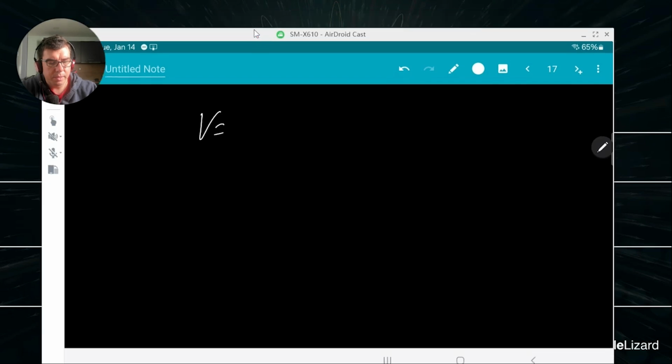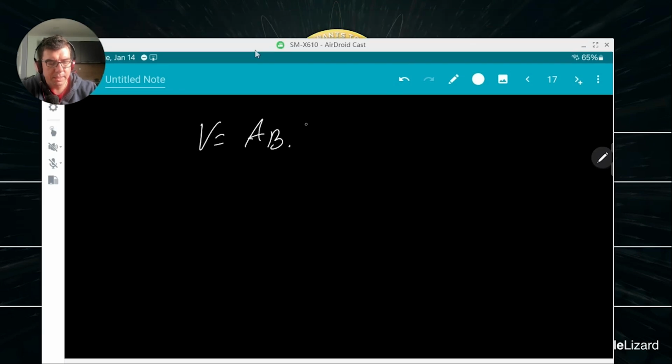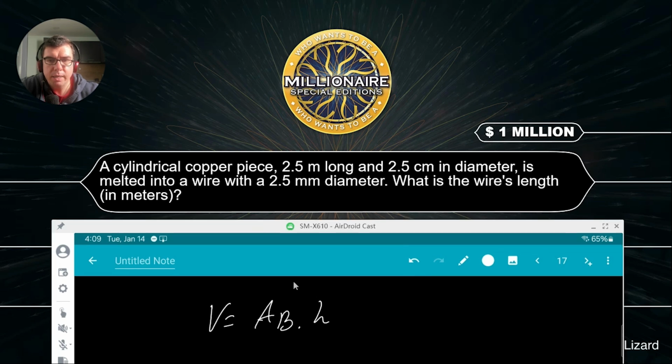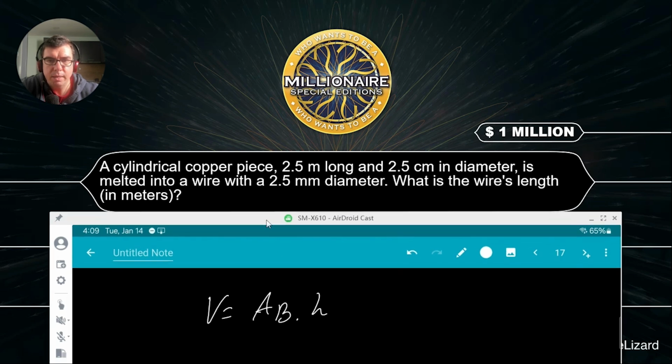equals the area of the base times the height, but because we are reducing the radius 10 times and the area of the base is pi r squared, the area of the base will be reduced 100 times, and therefore in order to preserve the same volume, the height needs to increase 100 times.